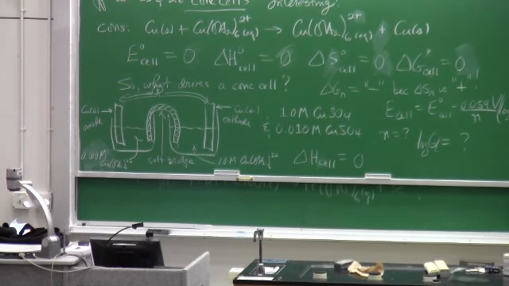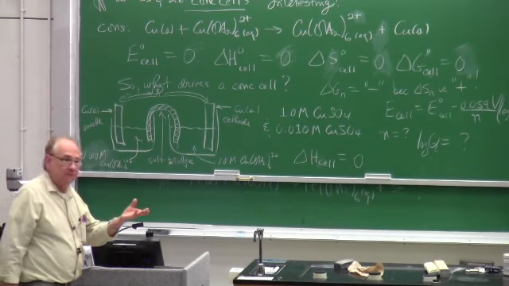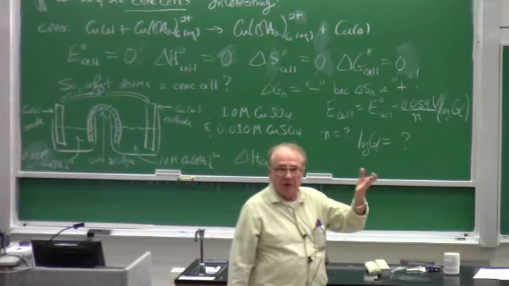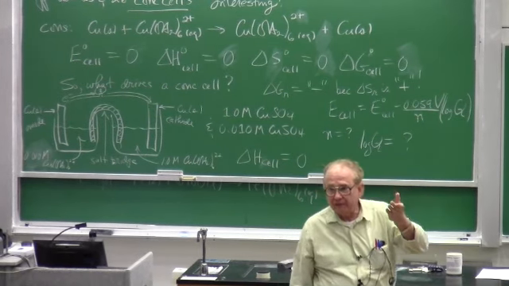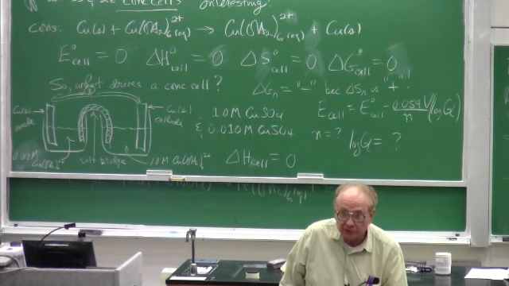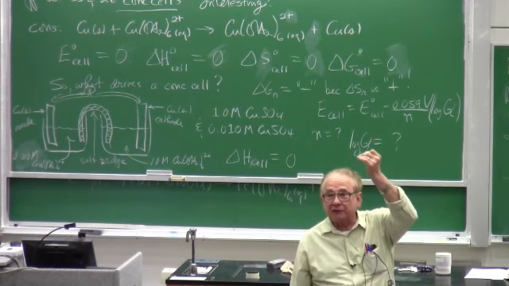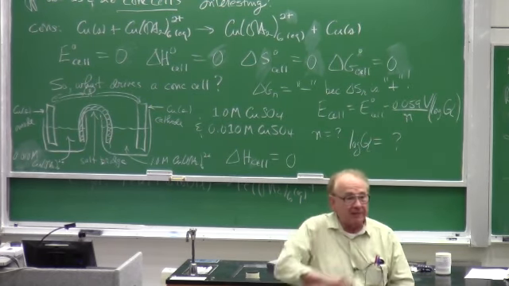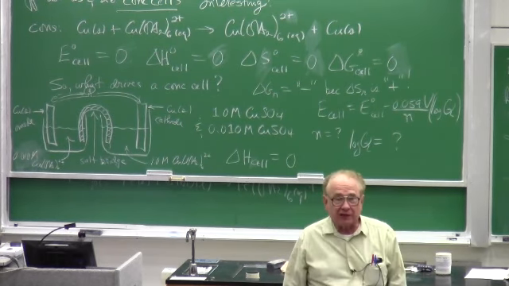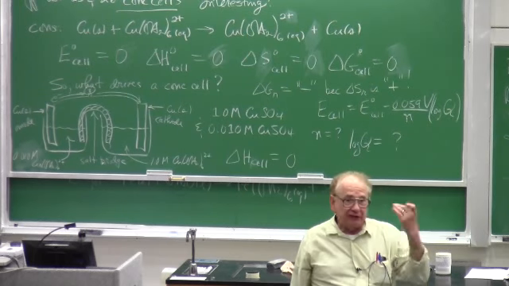That's like putting our 100th molar copper sulfate solution in the beaker, and then on top of it the 1 molar copper sulfate solution in the same beaker, and have the copper ions net transfer from the lower concentration solution at the bottom to the higher concentration solution at the top. And after we come back in a month, we analyze the beaker, and the top solution is more concentrated than it was, and the bottom solution contains no copper ion.